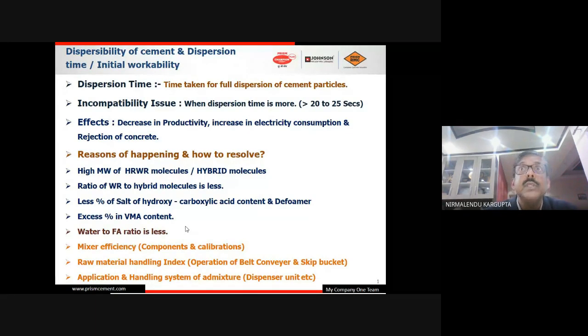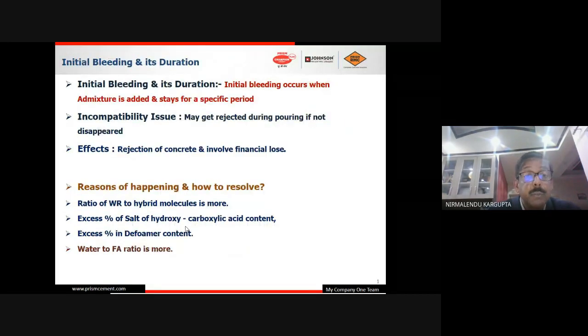Otherwise, your mix will segregate. Lower slump के लिए आप water content कम ले सकते हैं, sand content भी कम ले सकता है. क्योंकि हमको 100 mm slump देना है. हमको 160-165 लीटर लेके चलना नहीं है. I can go up to 150 liters. So these aspects also have to be calculated. Plant aspect, raw material aspect, as well as recipe.